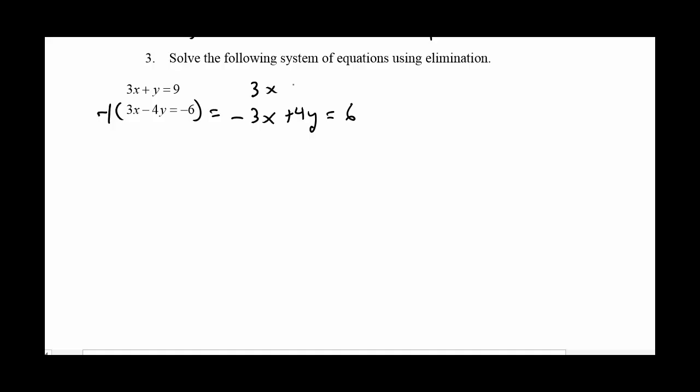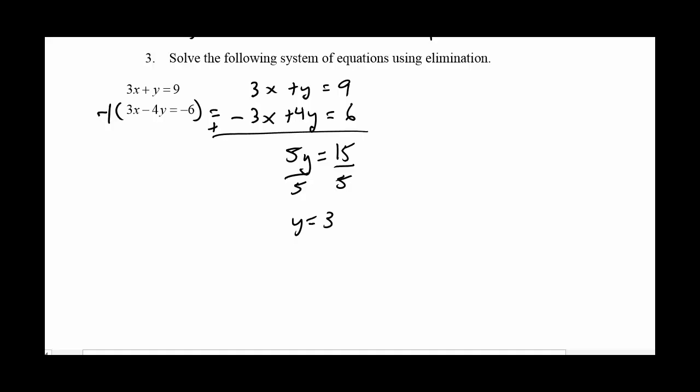And then I'm going to just copy that top equation over. And now I can just add. And the x's will cancel out. And I'm left with 5y equals 15.